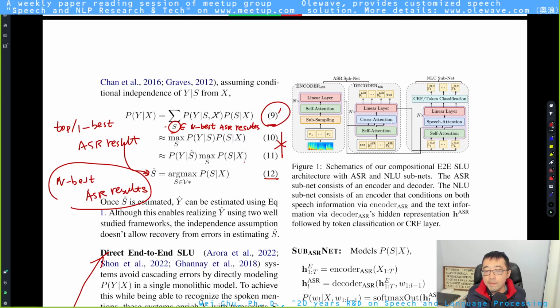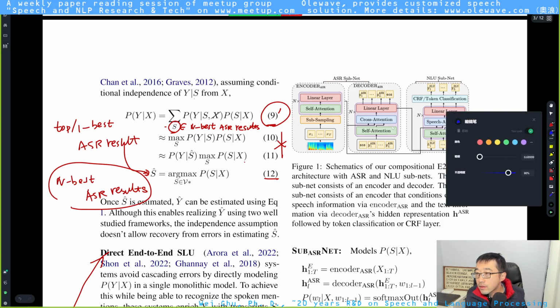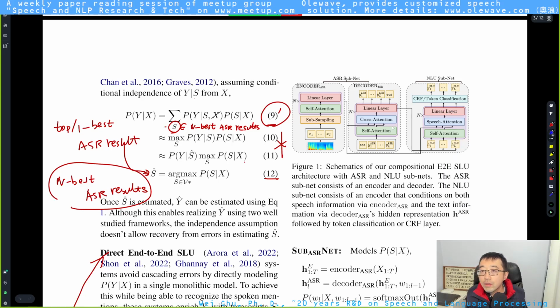So you can see that. Where do I start? I would start from the first subnet, the ASR subnet. The two nets, the other one is the NLU subnet.